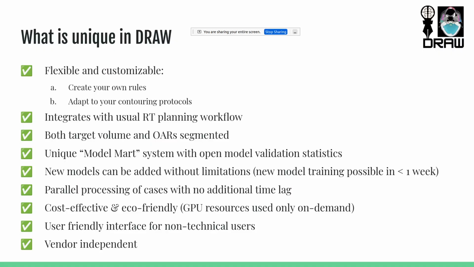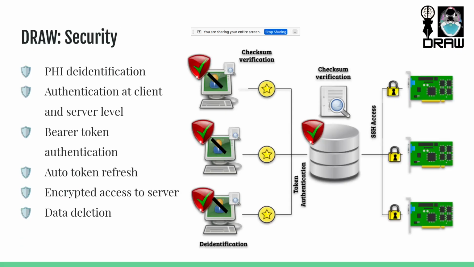So essentially, there is very limited time lag. And because we are utilizing GPU resources only on demand, this is a very cost-effective and eco-friendly solution. And finally, it is completely vendor independent because it has no relationship with your TPS. So if your TPS can read the DICOM RT structure set, which it should, then it will work with any TPS.